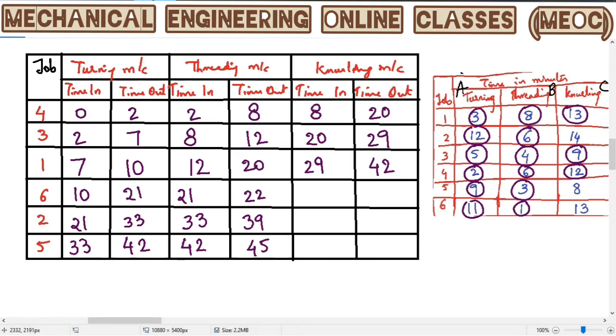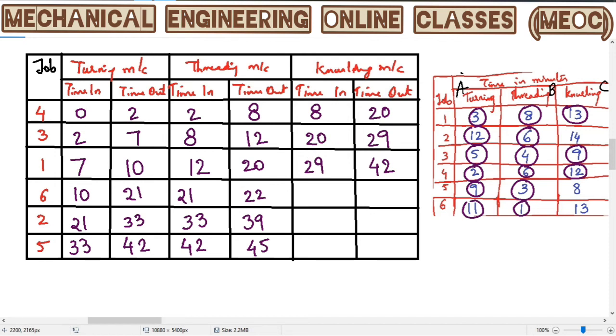Now the knurling machine is busy up to 42 minutes. So the sixth job, though it has completed its work on the previous machine at 22 minutes, has to wait until the knurling machine is idle. The knurling machine is working on job 3 and then job 1. During this 22nd minute, job 3 is on the knurling machine.